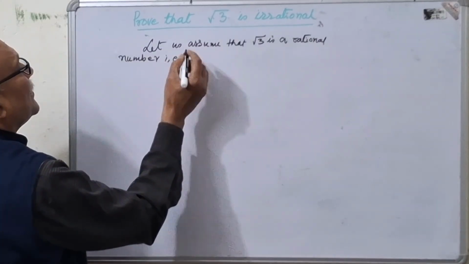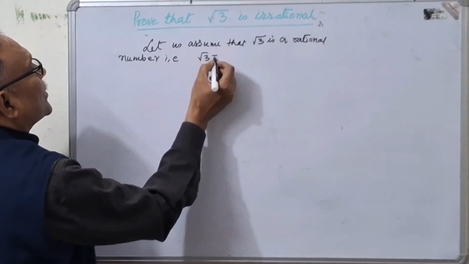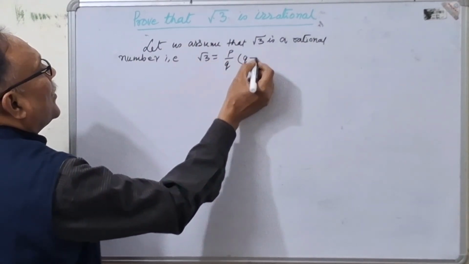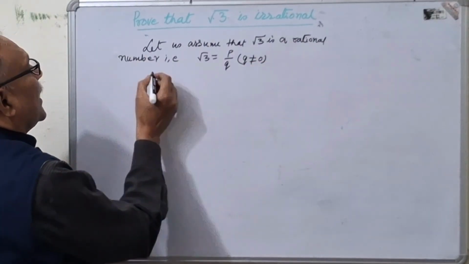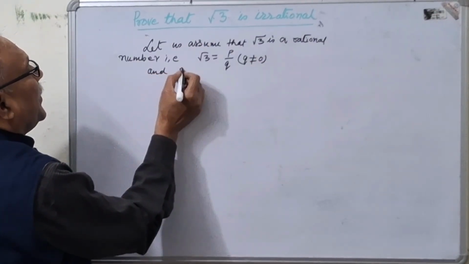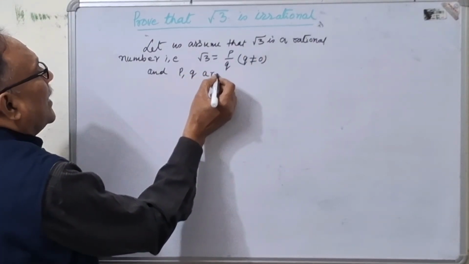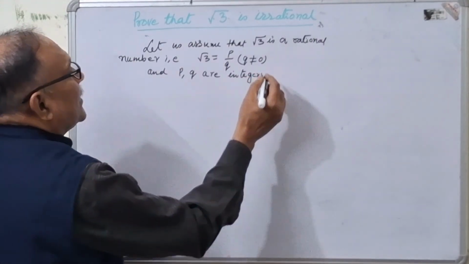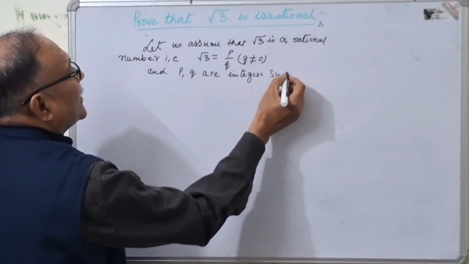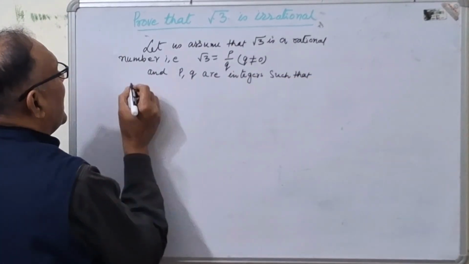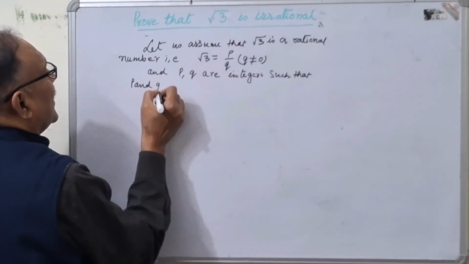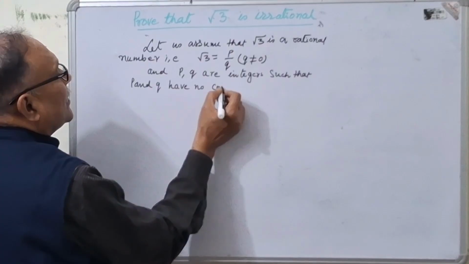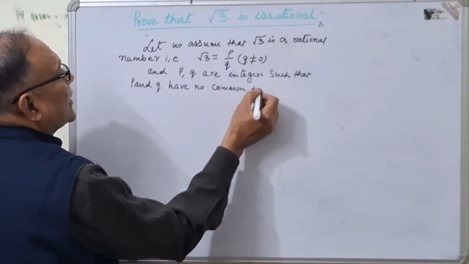That is, under root 3 equals P upon Q, where Q is not equal to 0 and P and Q are integers, such that P and Q have no common factor.